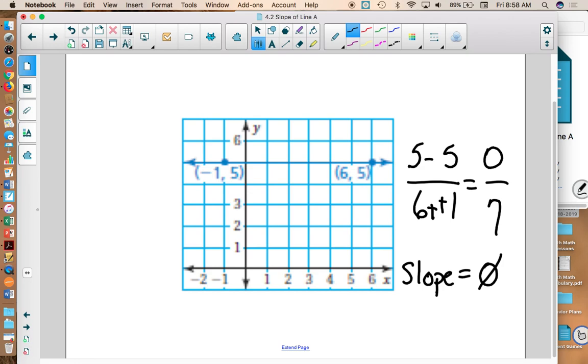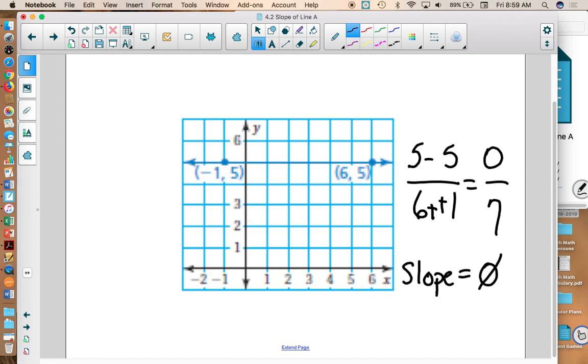Because I can't have 7 of nothing. Can you have 7 pencils here on your desk? Right now, the way it is, do you have 7 pencils on your desk? No, you don't. You have no pencils. So you can't have 7 out of nothing. I can't take 7 pencils away from you because you don't have any.